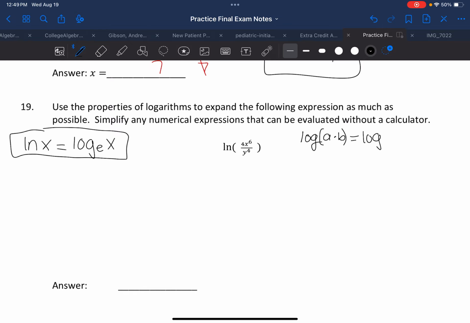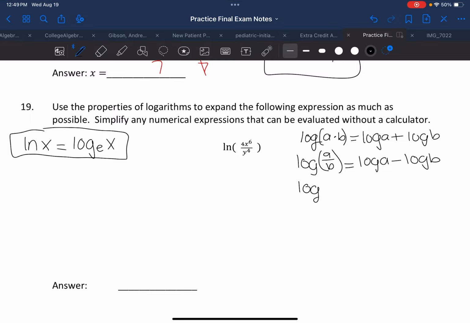So this would be log of a plus log of b. And if I have log of a divided by b inside of an expression, this is separated using subtraction. So this would be log of a minus log of b.